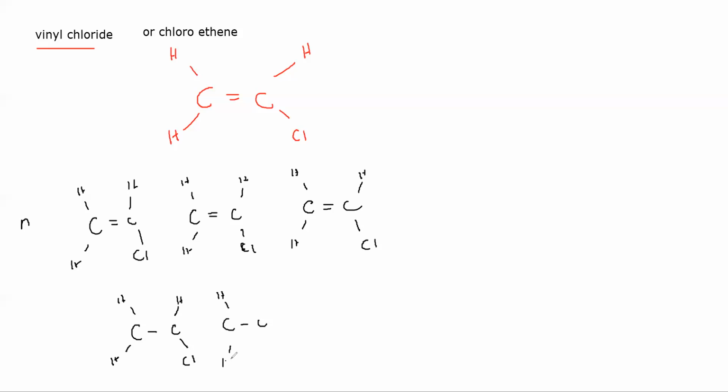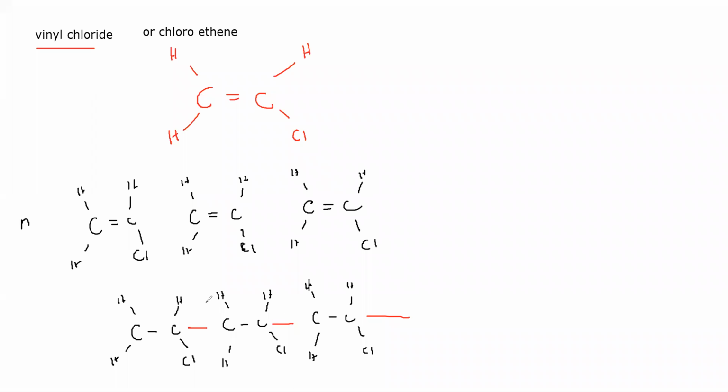This is another molecule. Then there's another molecule. And I'll link them together. The double bond will break and they will form a single bond with each other. So there will be a single bond between them.